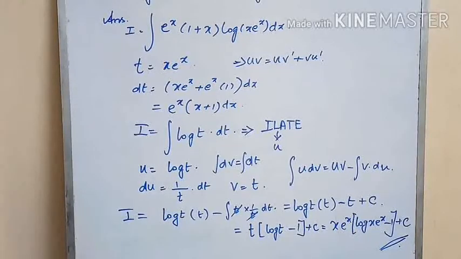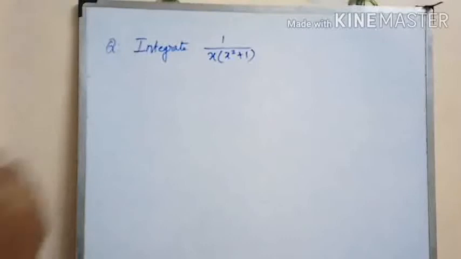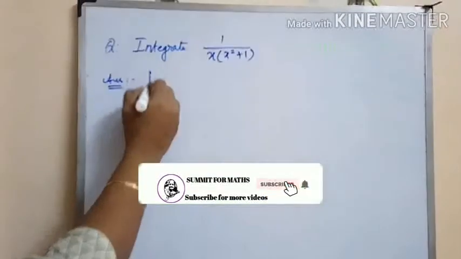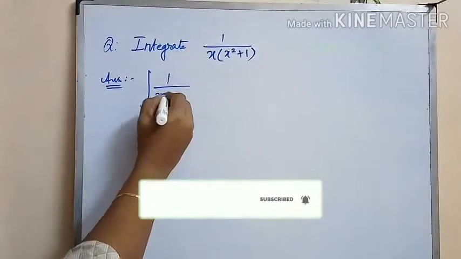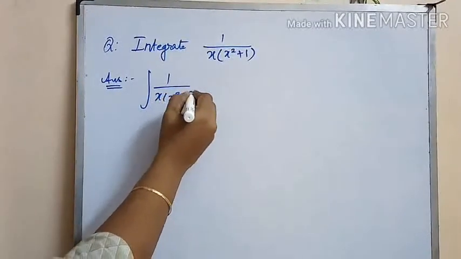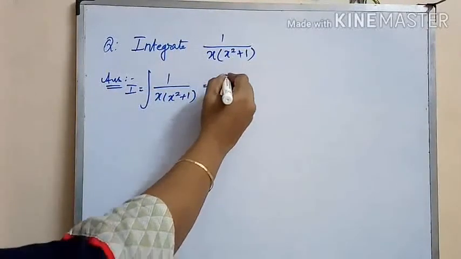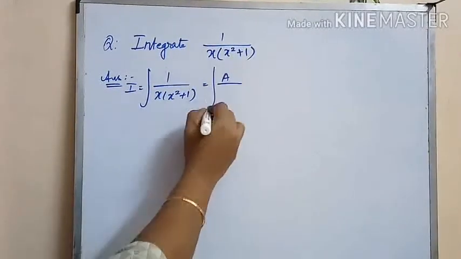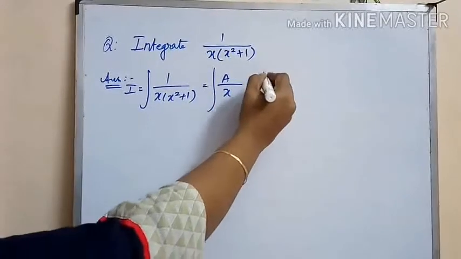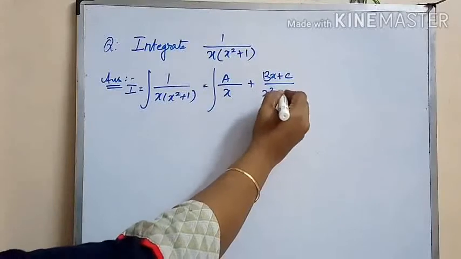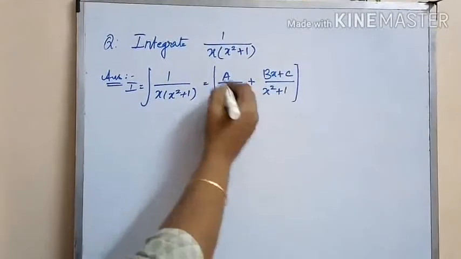The next problem for today's session is integral of 1 by x into x squared plus 1. Let us split this fraction into partial fractions: A by x plus bx plus c by x squared plus 1 into dx.